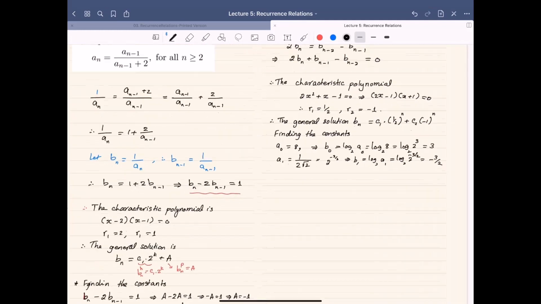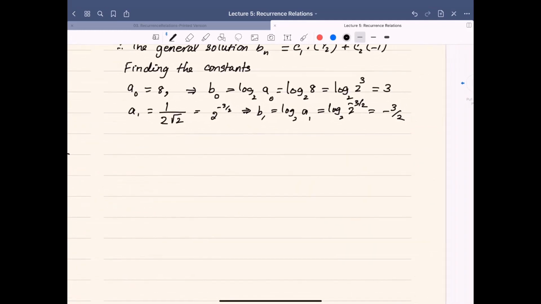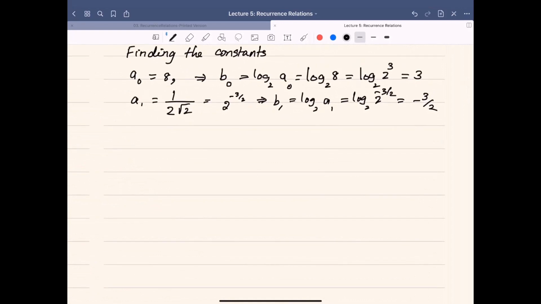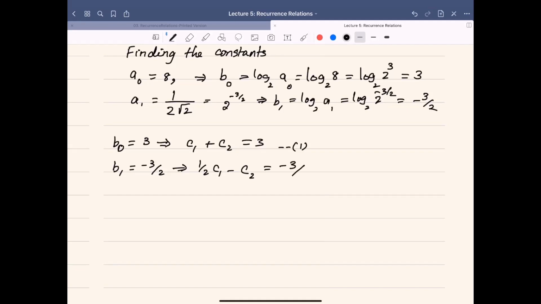We need to now substitute into the equation to find these constants. So we have b_0 is equal to 3, so the equation we will have is C1 plus C2 is equal to 3. And for b_1 equal to minus 3/2, we will get 1/2 C1 minus C2 is equal to minus 3/2. And this is equation number 2.